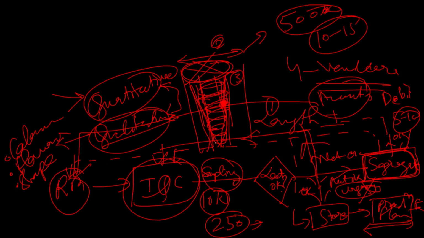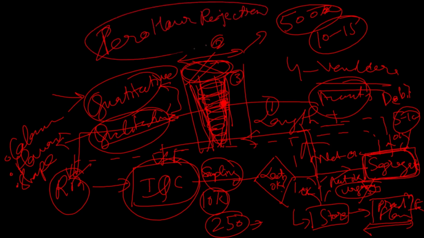So during the process, this is 0 hour rejection, that means you did not process that material; before putting that screw, the person working at that stage just found that this screw is not okay. So based on that, it is rejected.